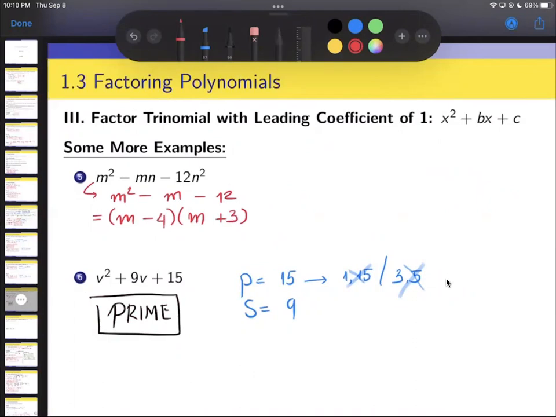You can do m plus 3 and then times m minus 4. Now remember, we ignored the n before. Now we have to put it back. So where are we going to put it? We're going to put it next to the numbers. Let me make the parentheses a little bit bigger. Right here.